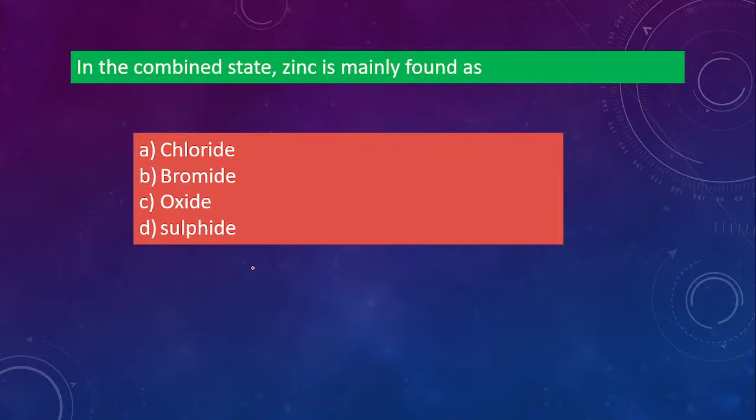Tell me the option. 5 seconds. Okay, so the answer is option D, sulfide. Zinc sulfide is formed. Yes, very good.